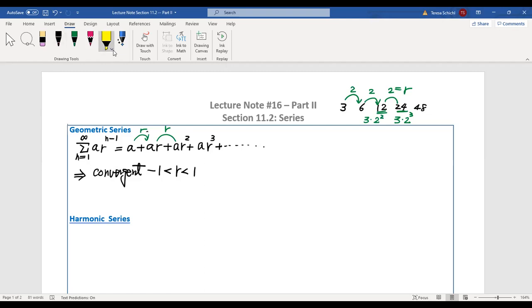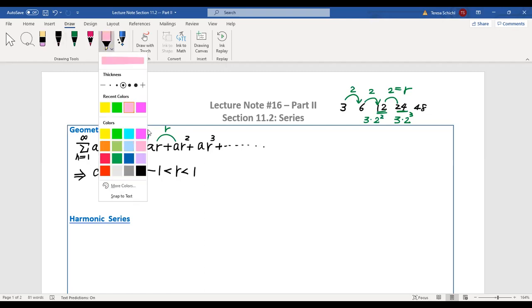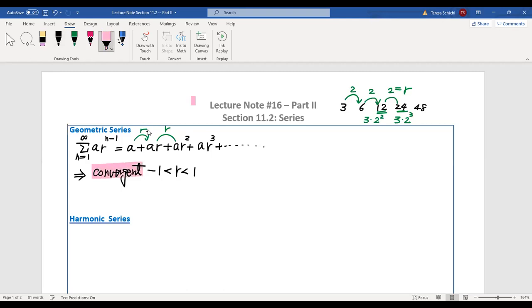This is a very important and good characteristic of this series. We are also able to calculate what it converges to: a over 1 minus r.